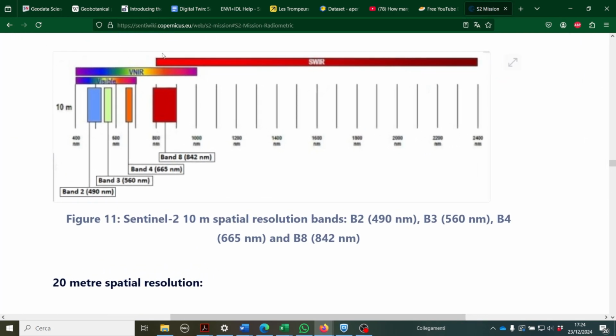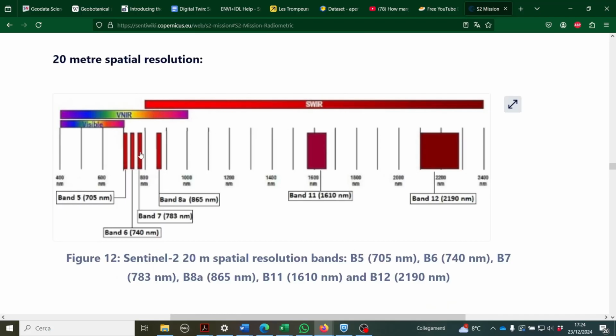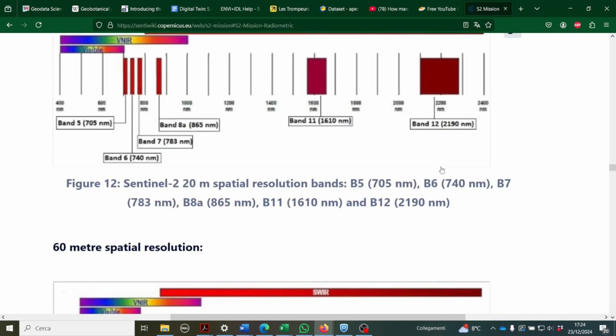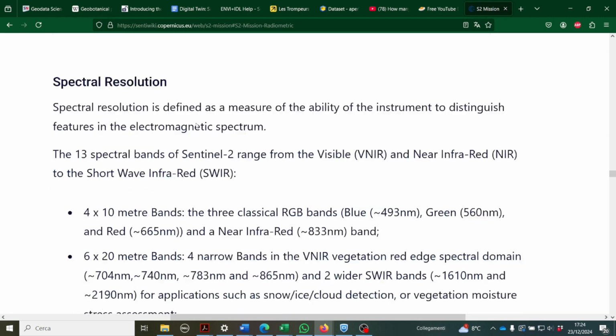You can see the electromagnetic spectrum and the amplitude of the different bands. These are the bands number 2, 3, 4, and 8 at 10 meters. Then you have the others. You see that there are bands that are very narrow in wavelength, and there are bands, for example the last one, the 12, that is very large concerning the spectral interval, and these are the bands at 60 meters.